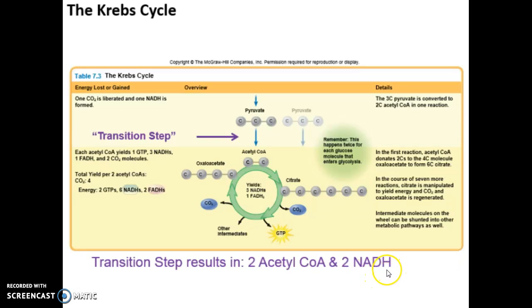The NADH moves over into the electron transport chain. So the input for the transition step is pyruvate, and the output is acetyl-CoA.